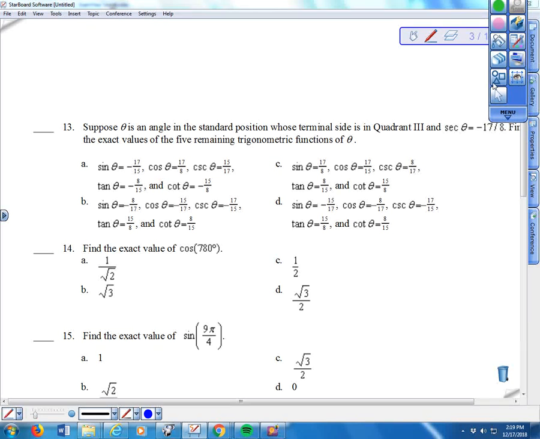Suppose theta is an angle in standard position whose terminal side is in quadrant 3. Okay, quadrant 3 down here. I'm so excited I can do this one. I know I can do this one. Okay. Here's theta. Secant's the inverse of cosine. So that means it's negative 17 over 8.